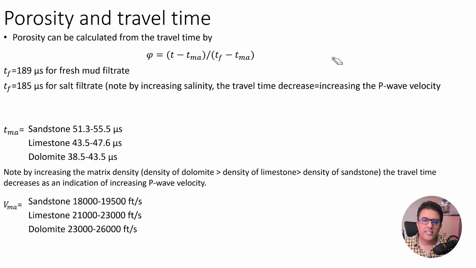Having said that, we are able to obtain porosity from the travel time of seismic wave using this equation. Here, t is the travel time that we measure by the sonic tool. TMA is the travel time over the matrix. And as you see here, for different rocks, we have different travel times.